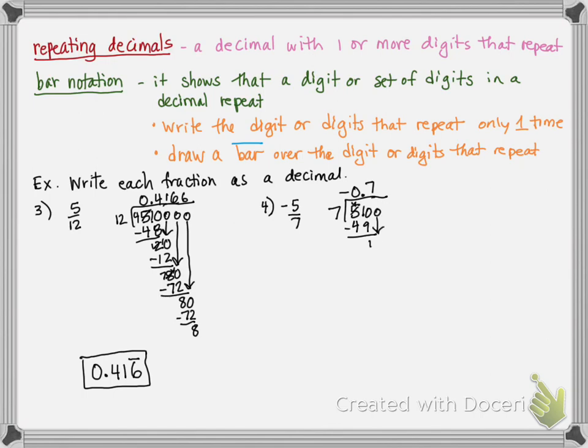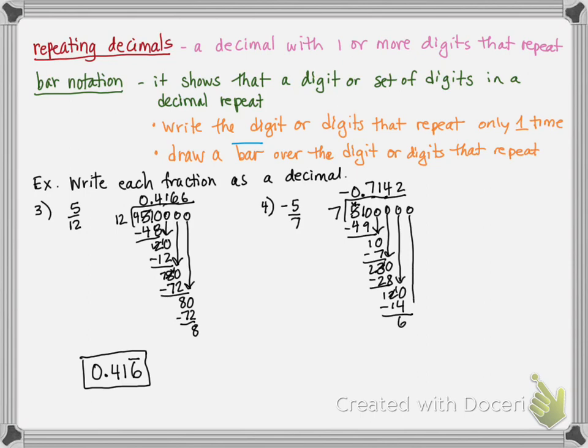Annex a 0. And 7 goes into 10 one time. Difference of 3. 7 goes into 30, let's see, 4 times, which would be 28, with a difference of 2. Oh my goodness. 7 goes into 20 twice, which is 14, with a difference of 6.